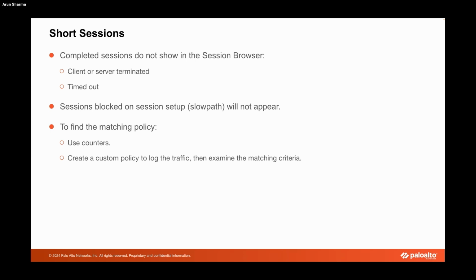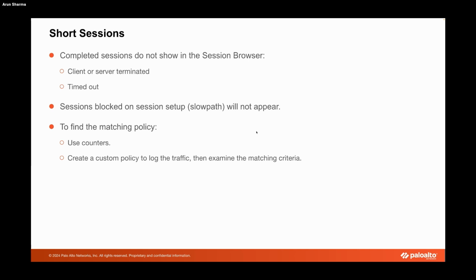Once it has timed out, you won't see it in the session browser because it just shows you the live sessions. The session browser allows you to view active sessions currently passing through the firewall. Once those sessions end, you will see them in the traffic logs. So if something is not there in the session browser, you can always go back and look in the traffic logs.